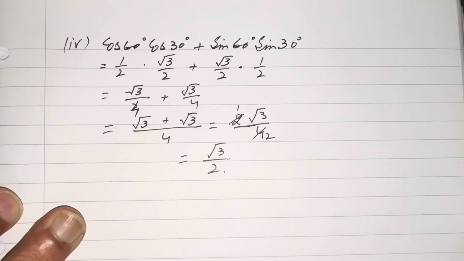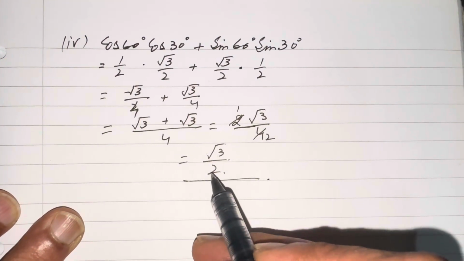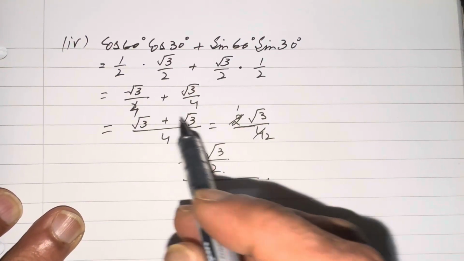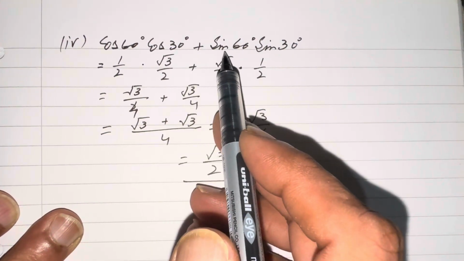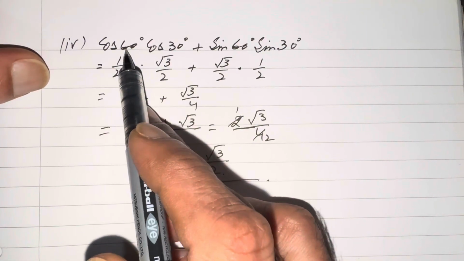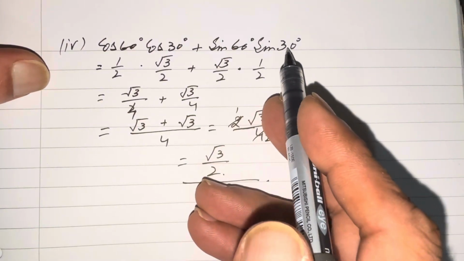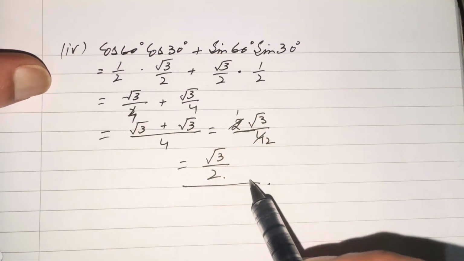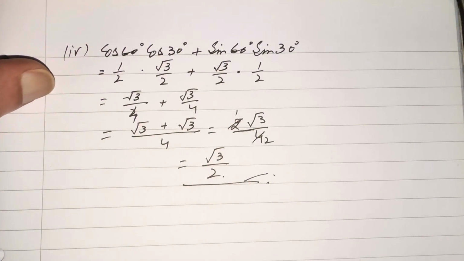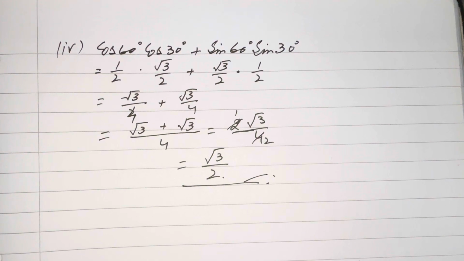So that's how we can find the values of these kinds of trigonometric ratios after putting in the values of the angles: cos 60, cos 30, sin 60 and sin 30. After simplification we get the answer.